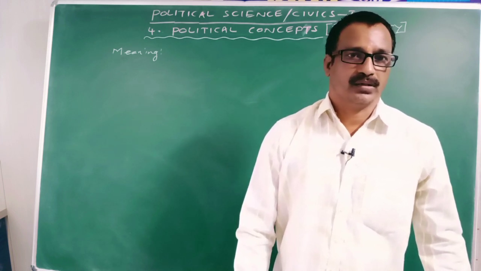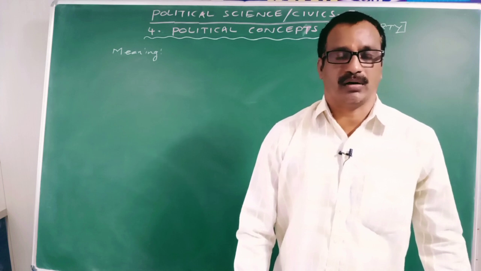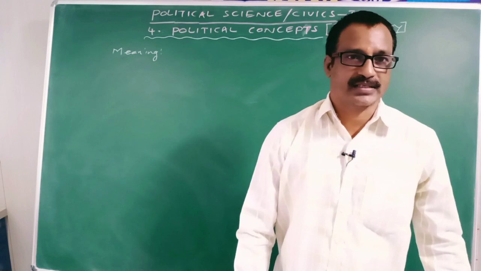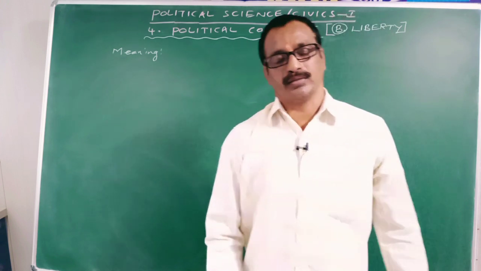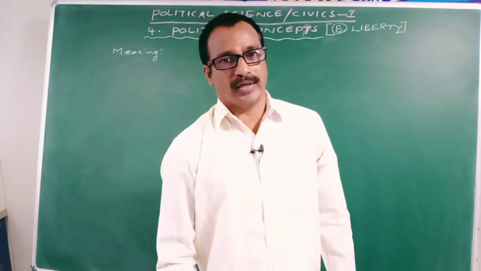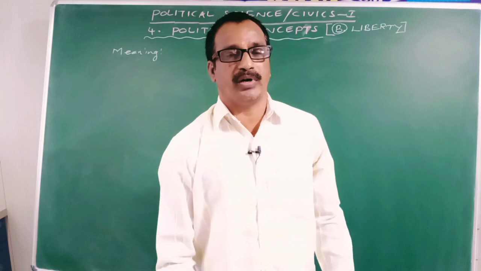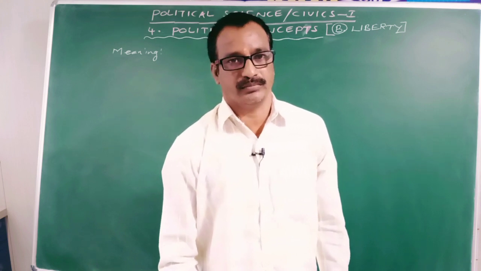It explains the relationship among the organs of the government. It decides the basic structure of the government. Then ordinary law. Ordinary law explains the relationship of citizens with the state, government and society.